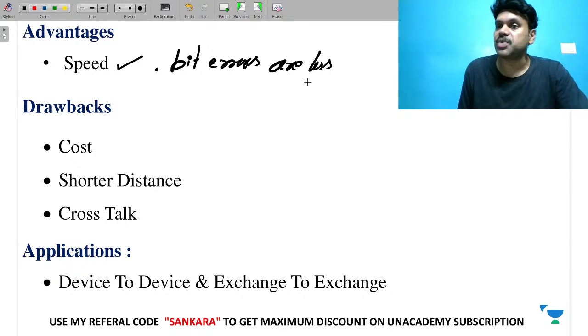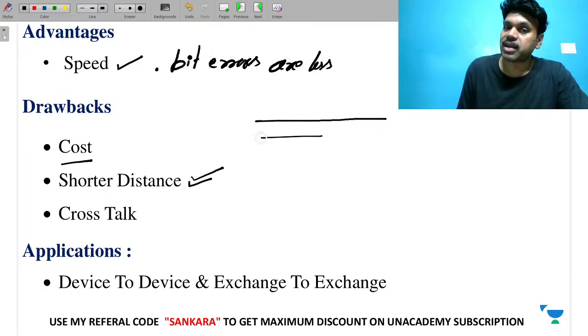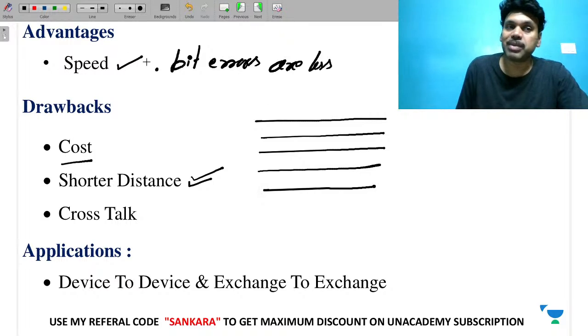And what are the disadvantages? Very expensive. Because of many transmission lines, it is eligible only for shorter distances. And whenever multiple lines are attached in parallel to your device, there may be a chance of overlapping of bits from one line to another.